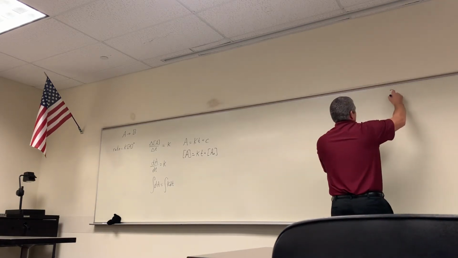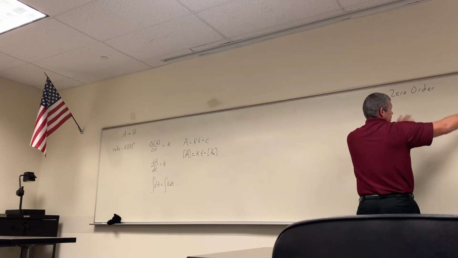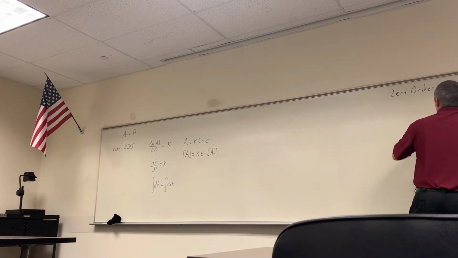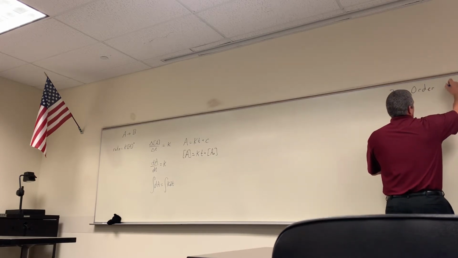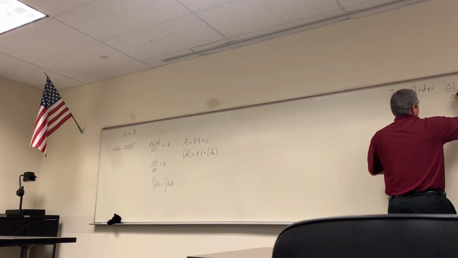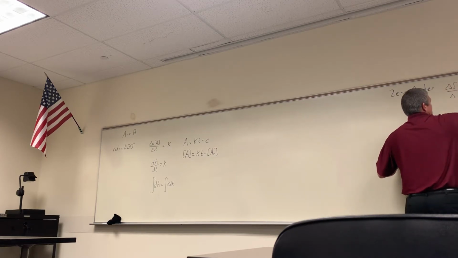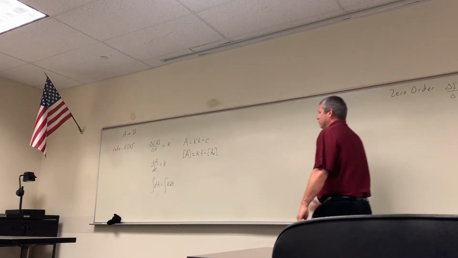So for a 0 order system with one reactant, and this chart I'm about to make is on your formula sheet. A 0 order system means the change in concentration of A over time is just a constant, which means the concentration of A at any time is equal to, I lied, sorry.